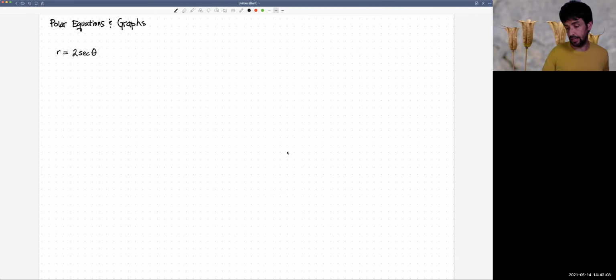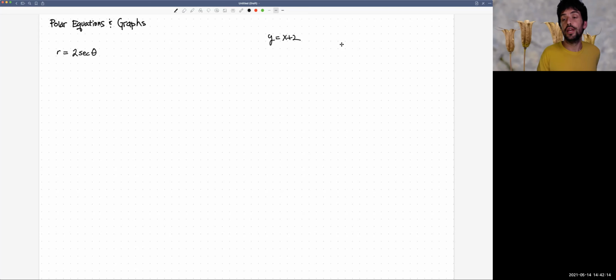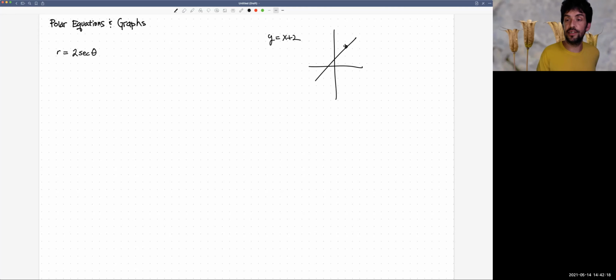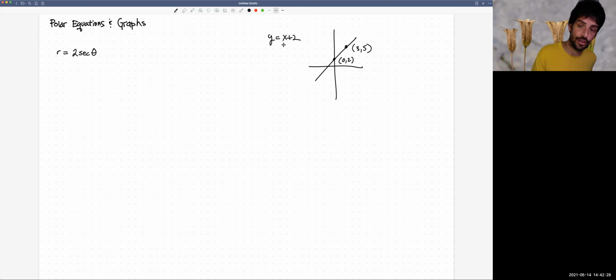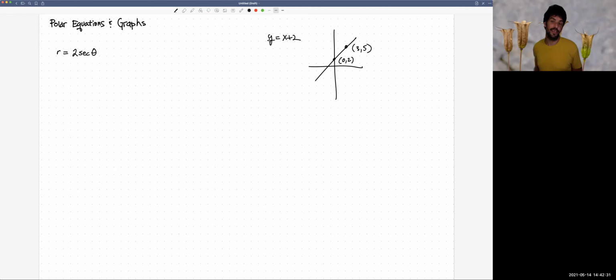Remember, in a rectangular equation, for instance, if I write something like y equals x plus 2, the graph of this is a line because each point on this line, for instance, 0, 2, or let's call this 3, 5, those are x and y points that when you substitute the x coordinate in for x and the y coordinate in for y, the equation's true.